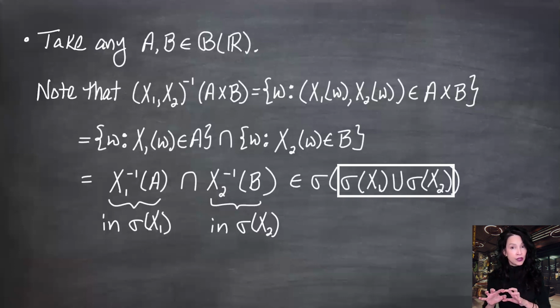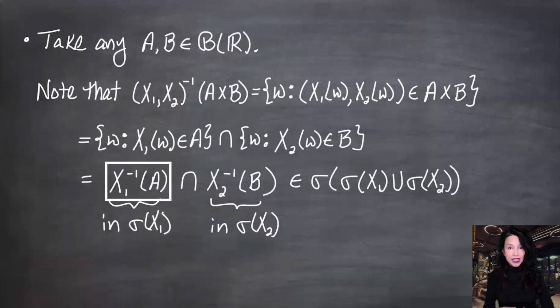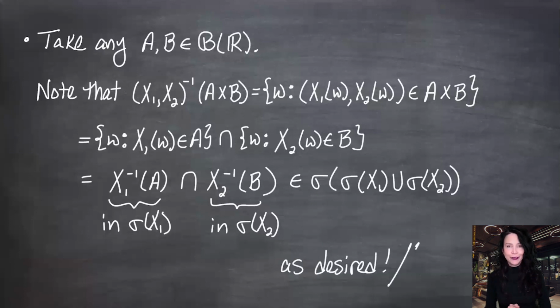And that might not be closed under intersections, but when I generate a sigma field, it is, because we throw in all of those missing pieces. So this set is in that big bucket, and this set is in that big bucket. And by the very act of creating a sigma field over here, the intersection of these 2 sets is in the sigma field generated by the bucket sets. So this is what we wanted to show.